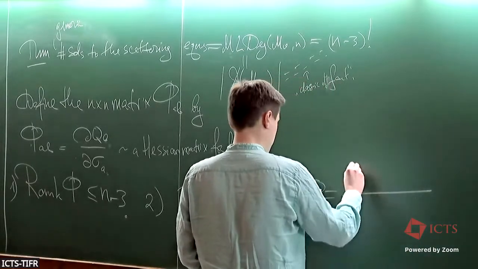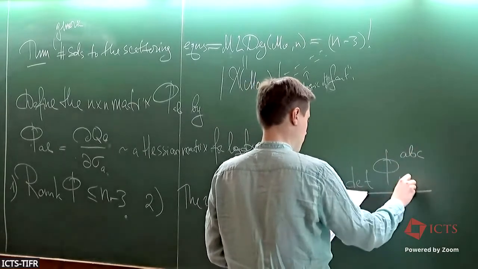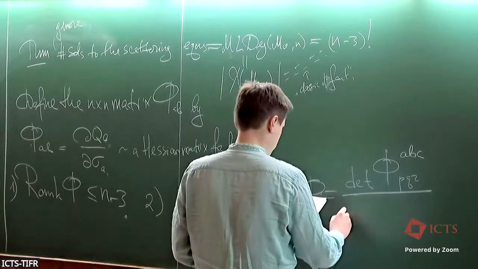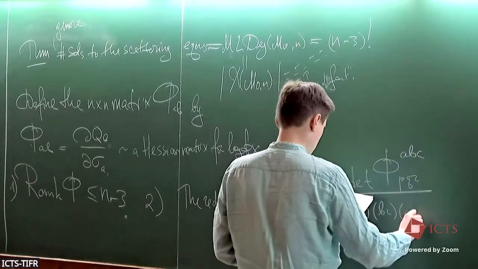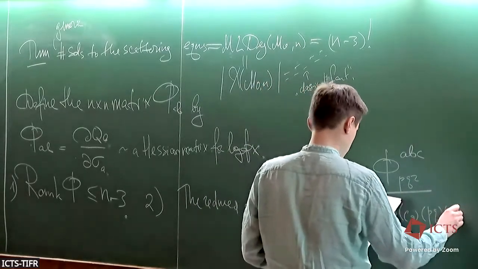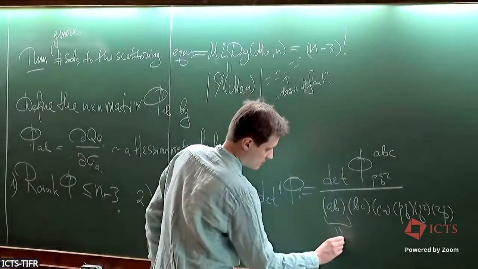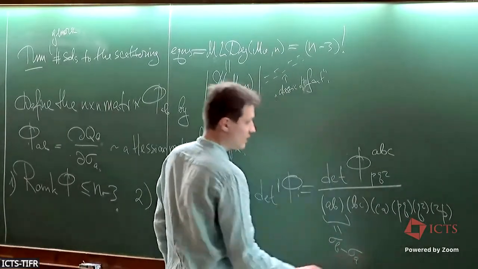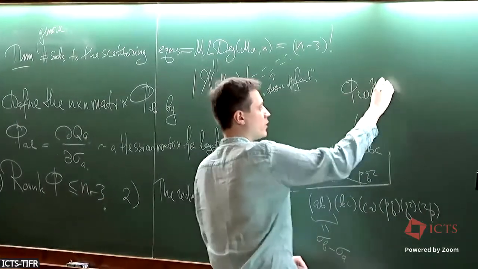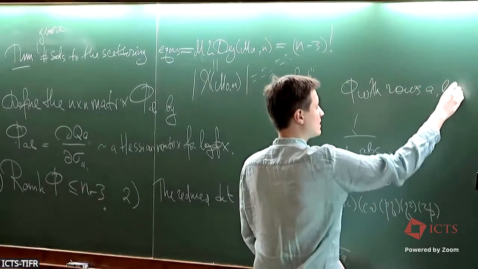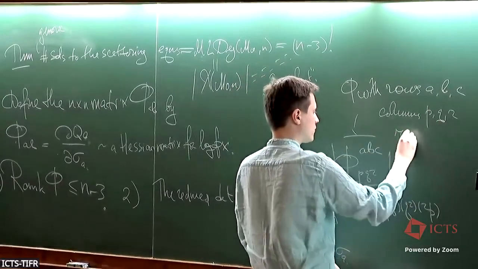We take the determinant of phi with rows A, B, C and columns P, Q, R removed, and we divide it by those differences: AB, BC, CA, PQ, QR, and RP. A reminder, I think that's still on the board: this is just the difference between sigma_B and sigma_A.